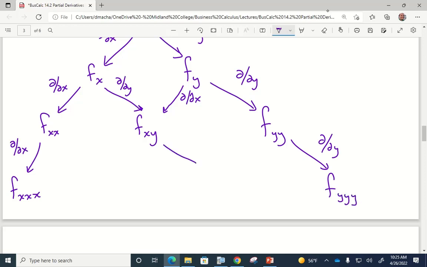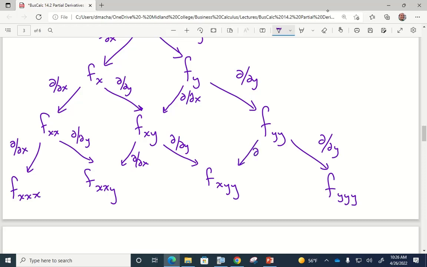If I started from here and I took the partial with respect to y, I could get fxyy. If I started from here and I took the partial with respect to y, I get fxxy, and then so on. That would be the same, and that would be the same.